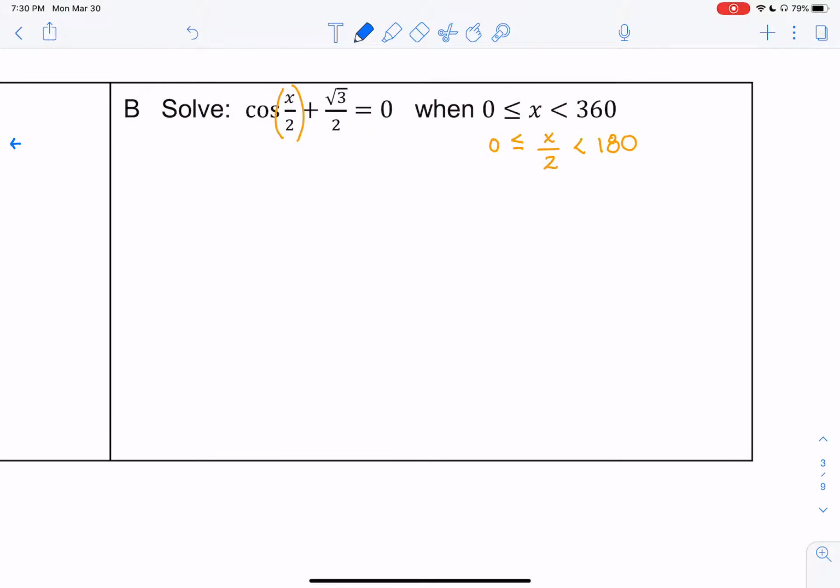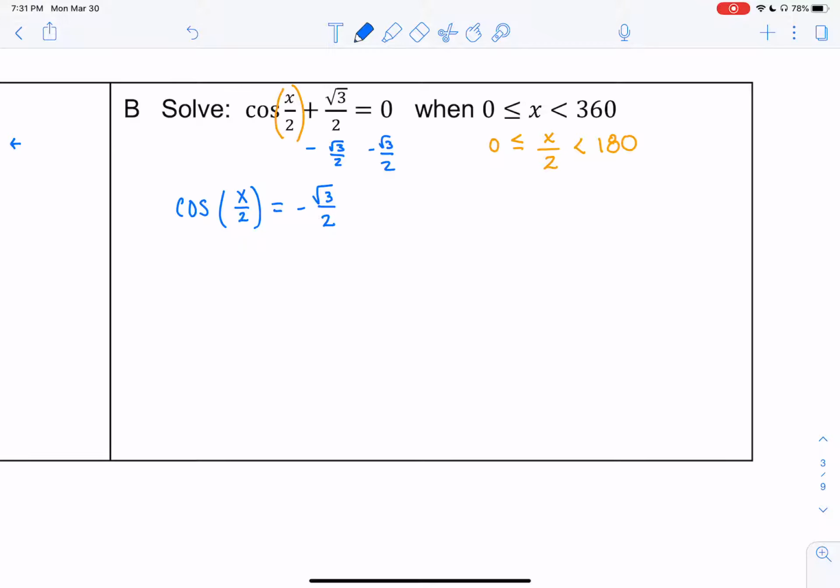Let's go ahead and try solving this. So we subtract the root 3 over 2 to the other side. And that produces cosine of x over 2 equals negative root 3 over 2. Then check your unit circle to see when negative root 3 over 2 is a cosine value.